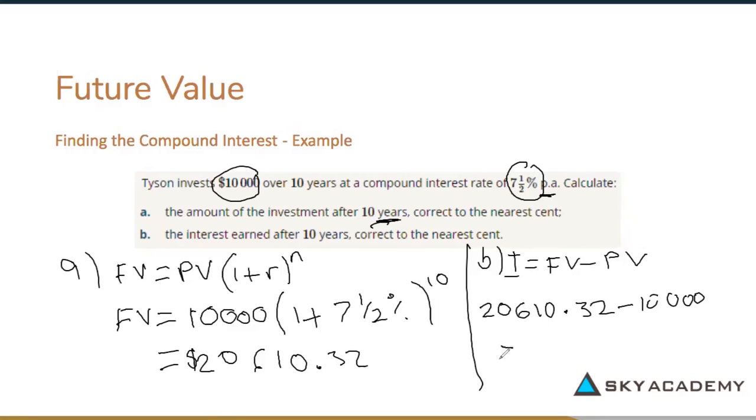And this is going to give us the interest, which equals 10,610.21. So 10,610.21 is the difference between the future value and the present value, or how much has been earned on the present value to give us the future value.